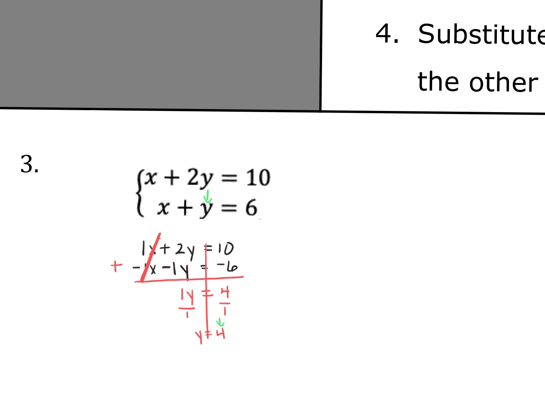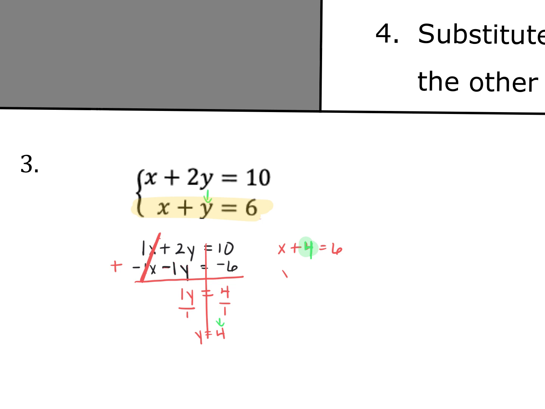So now I have x plus, and my y was 4, so I'm going to keep it a 4, equals 6. So we just did this bottom one right here. I just rewrote that, but when I got to that y, instead of writing y, I wrote that 4. And I think yesterday I made them a different color, so I'm going to make that a green 4.